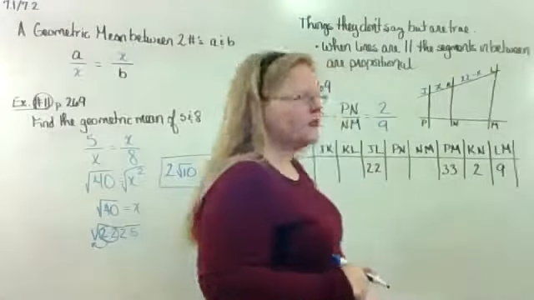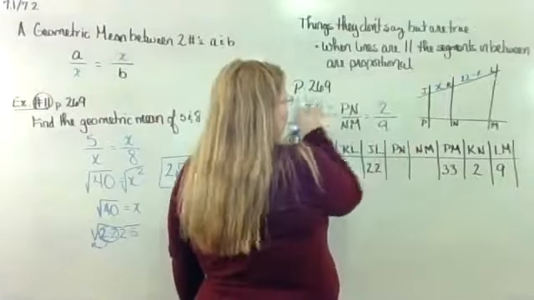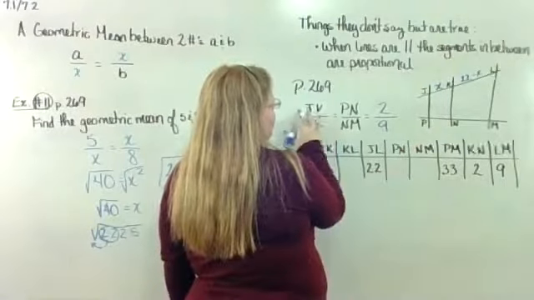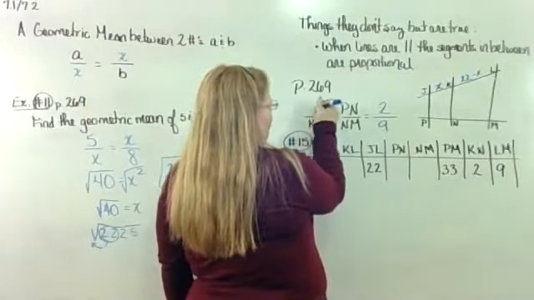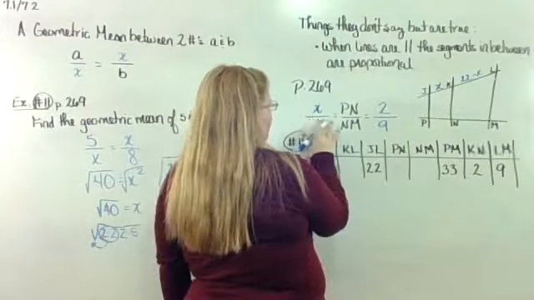That's back from algebra stuff. So I can take that and replace it down here. Instead of my JK, I can put my X, and instead of my KL, I can put 22 minus X.